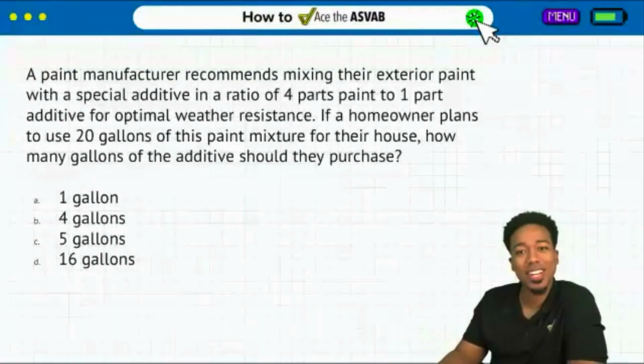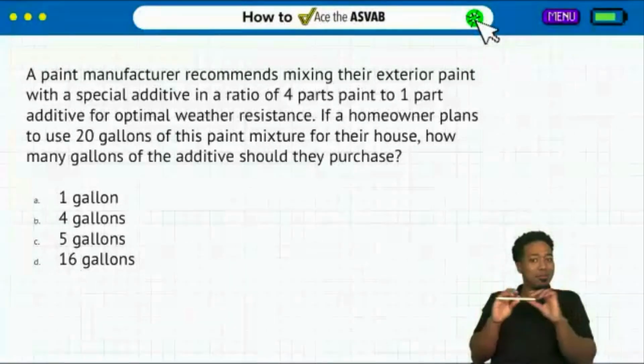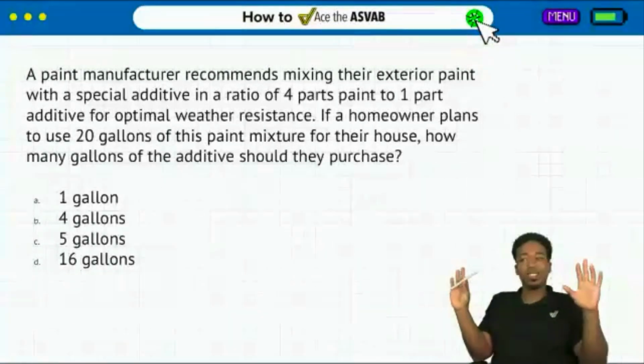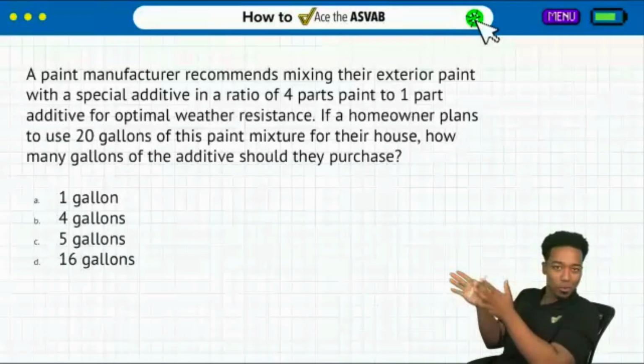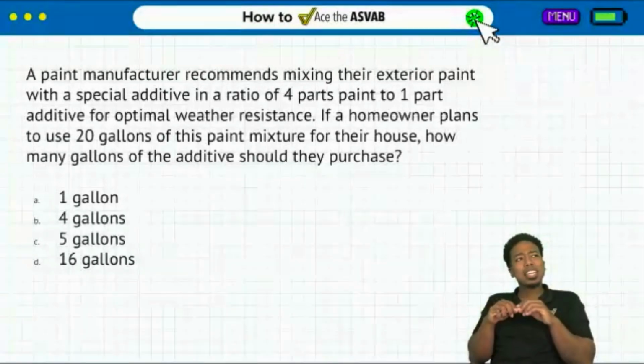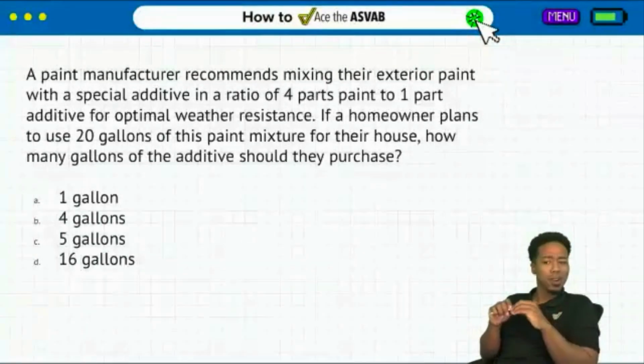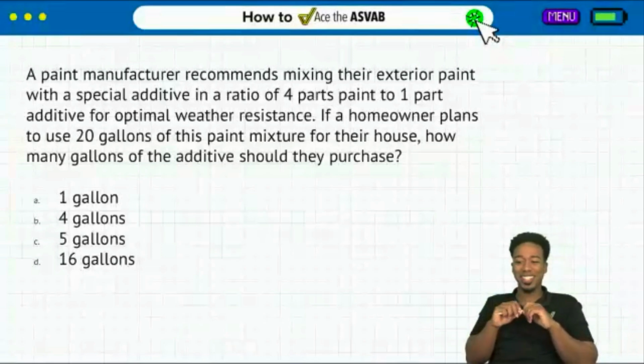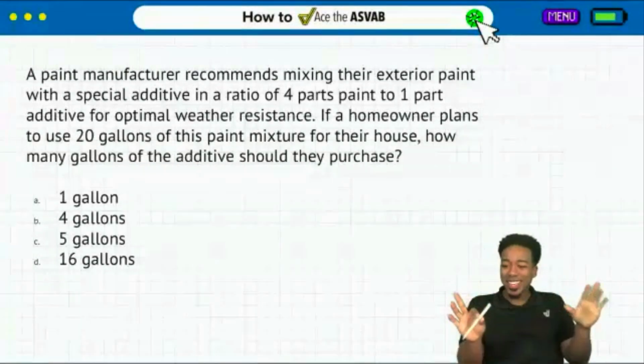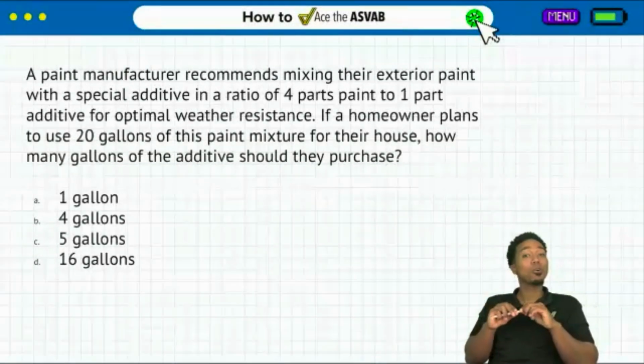Before we get started, everybody, just remind me, please, because I'm not here to get maimed and run out of town. What's the main idea behind proportion word problems?